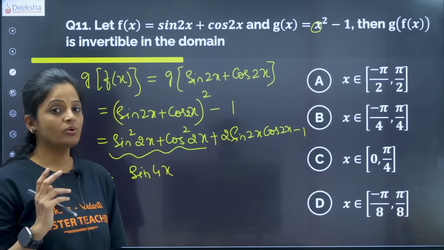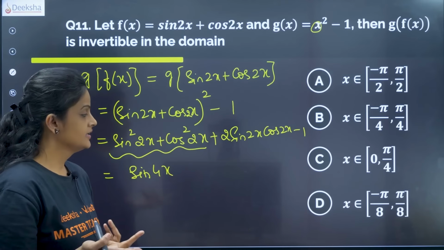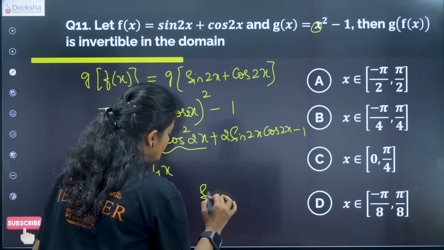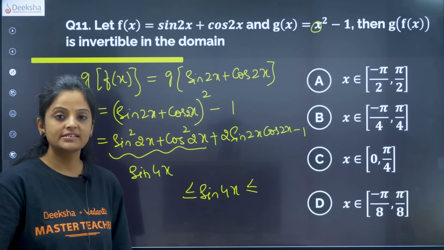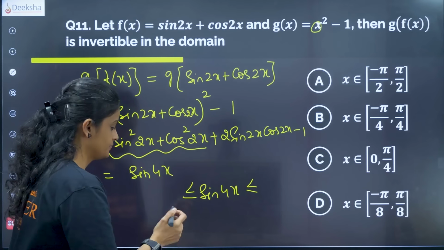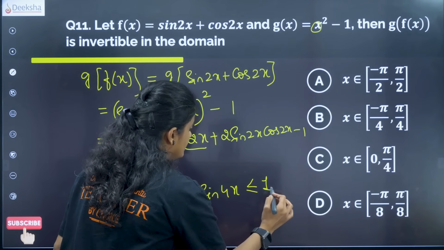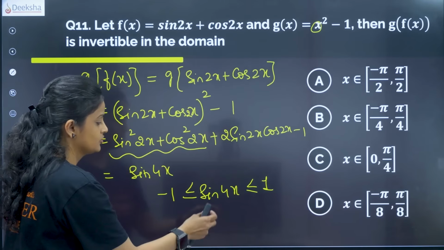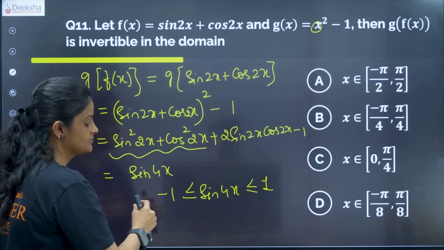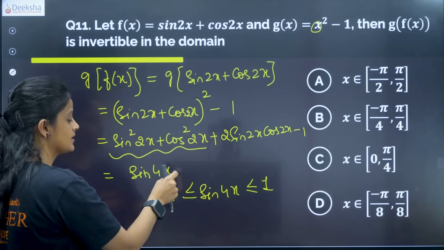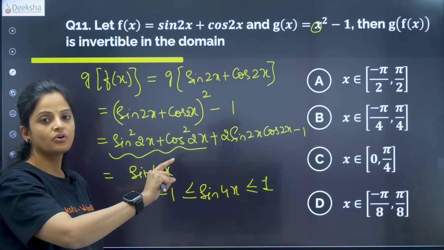Right? Now comes the range. So if I am taking where sin lies, I know where sin lies, it is minus 1 to 1. Now they are asking you the domain part. So I have to see where x lies. Sin has to be removed, means apply sin inverse for all.